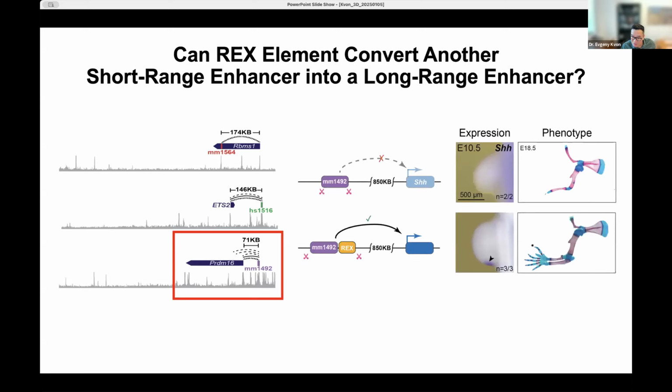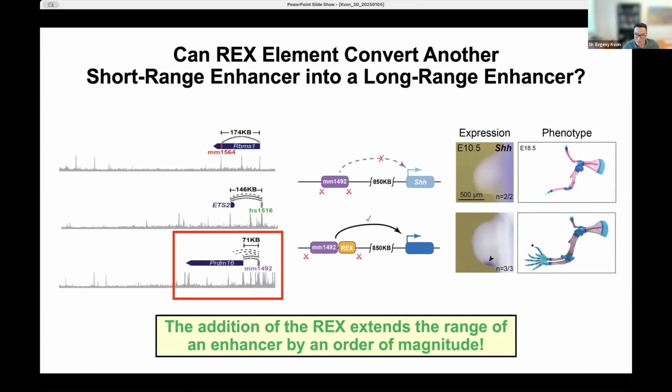When we added the Rex element, it rescued Sonic Hedgehog expression and resulted in a fully developed limb, suggesting that not only is the Rex element required for long-range activity, but it's also sufficient to grant long-range activity to another completely different short-range enhancer, right? And what's remarkable here is that we extended the range of this enhancer by an order of magnitude, from its 71 kb to 850 kb, by just adding this short sequence element.